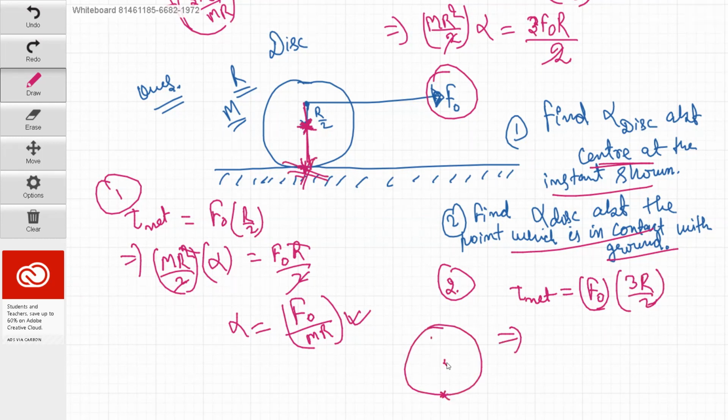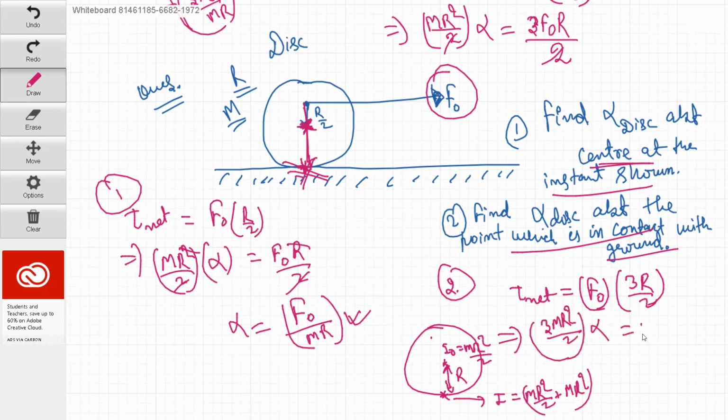About the center, the moment of inertia is I naught, that is equal to mr square by 2. Yesterday I told you the parallel axis theorem. This distance is R. So the moment of inertia about this axis will be equal to mr square by 2 plus mr square, that is equal to 3mr square by 2, into alpha is equal to F naught into 3 by 2R.